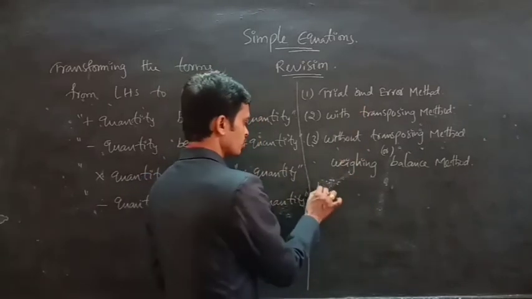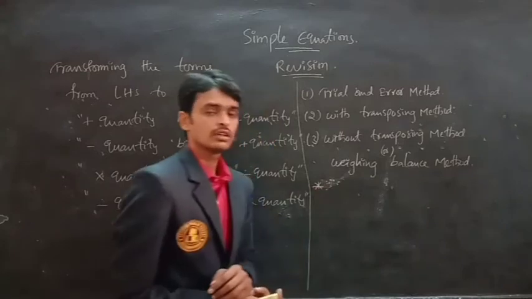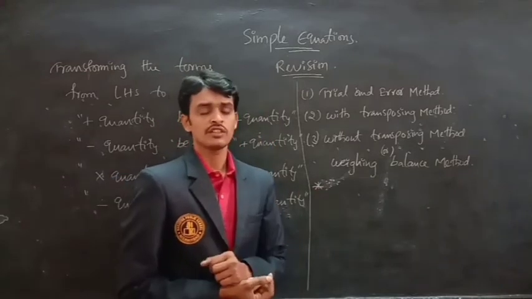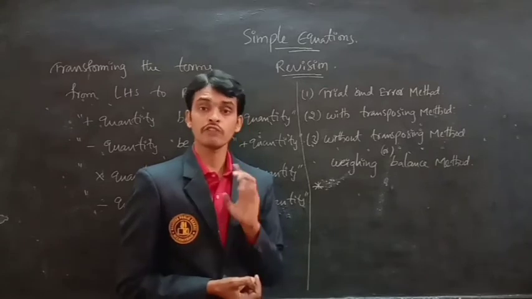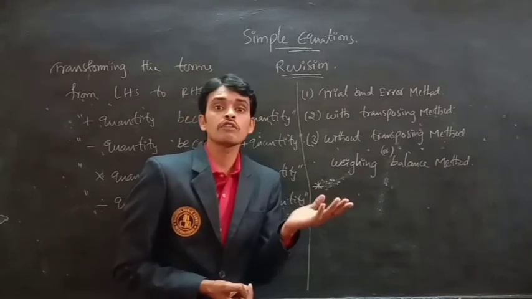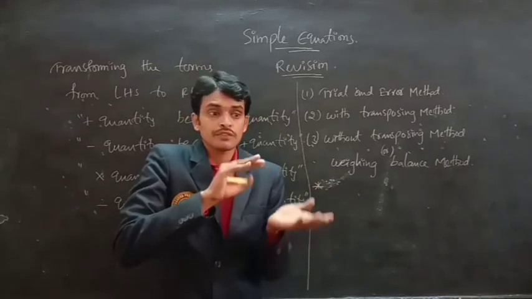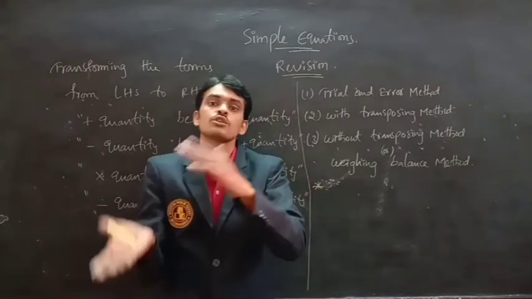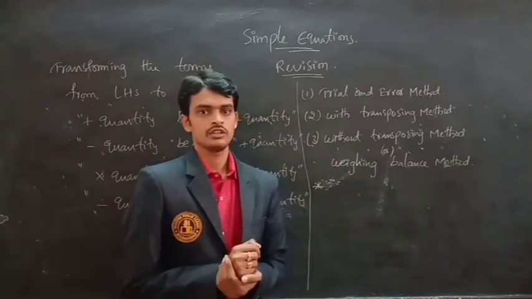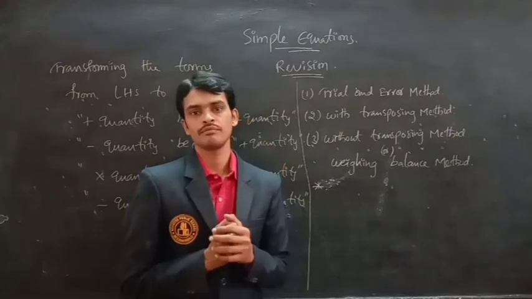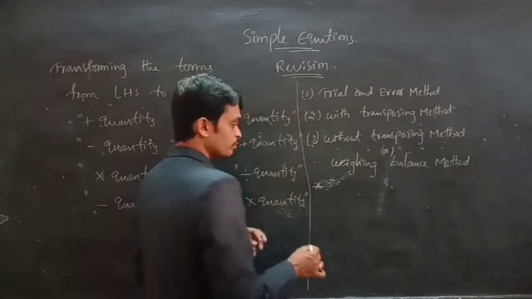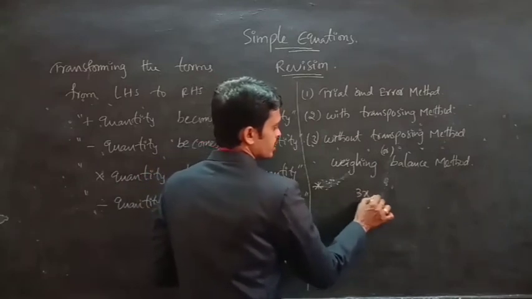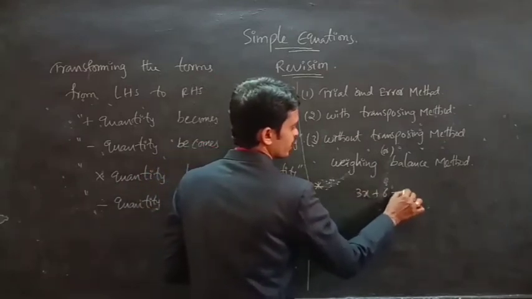Here is one note: in a simple equation, the values and terms will never change when the terms are transposed from LHS to RHS, RHS to LHS. The equation remains the same. For example, 3x plus 6 is equal to 5.